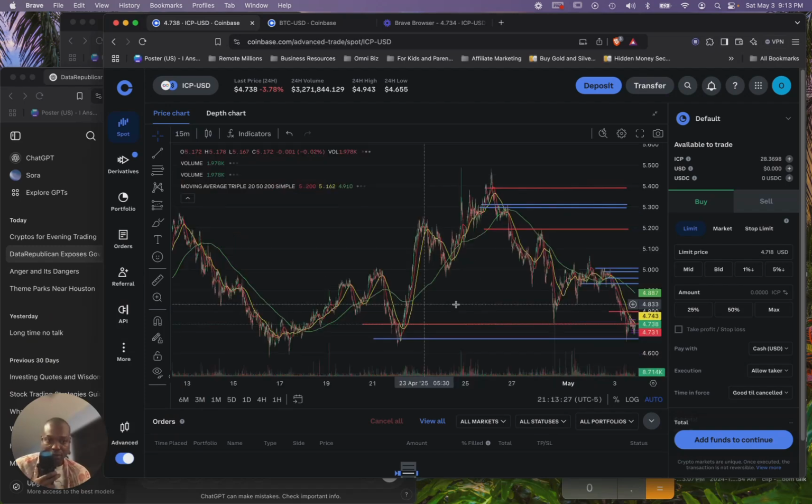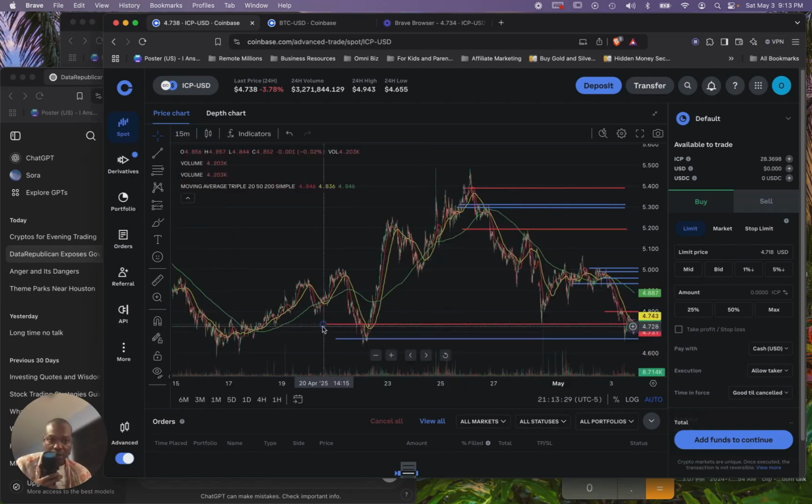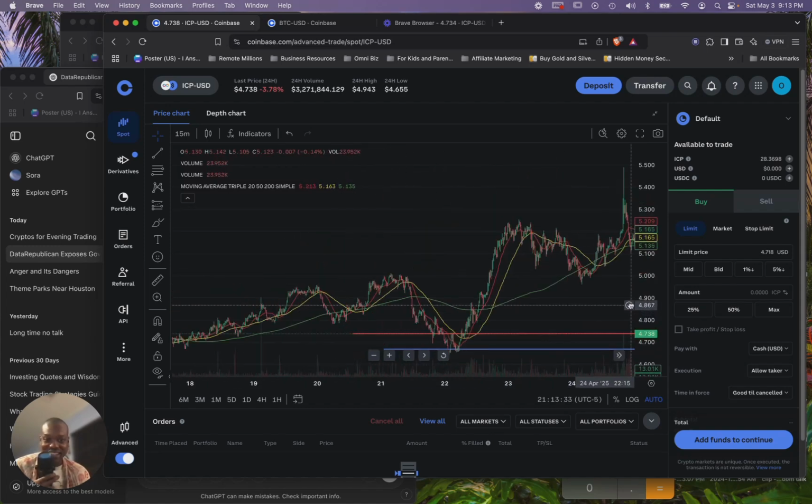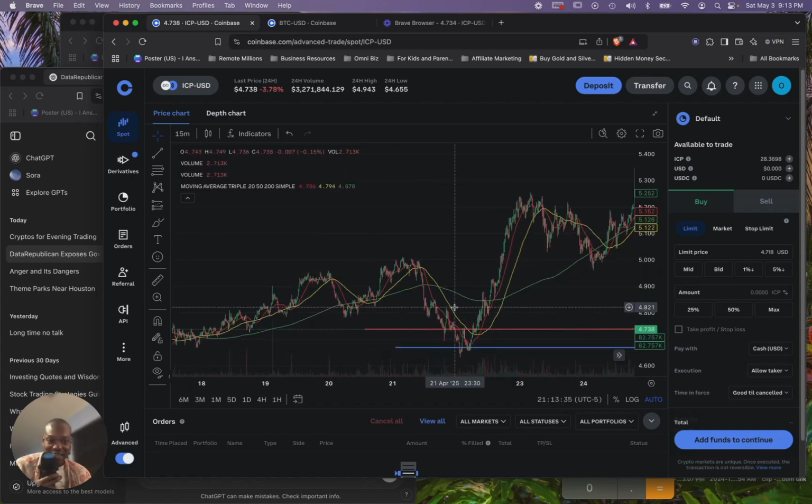Let's go to a 15-minute chart. So I went all the way over here because of something all the way back here. So look at this, this is back in April, 21st of April. It's loading. Hopefully it's still recording. Come on, zoom in for me.